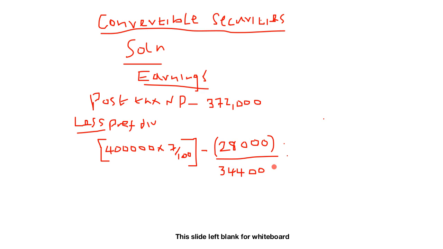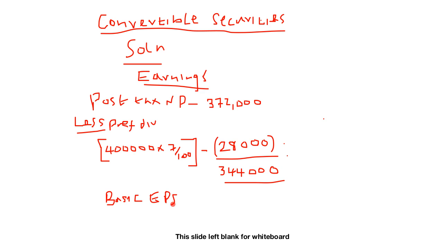344,000 as our earnings. So now the basic earnings per share. It is not 372.